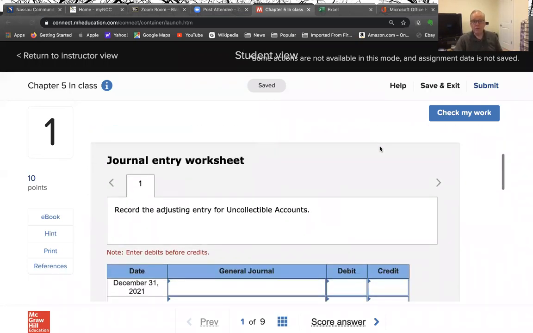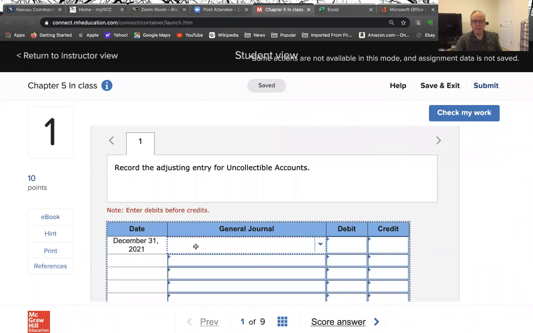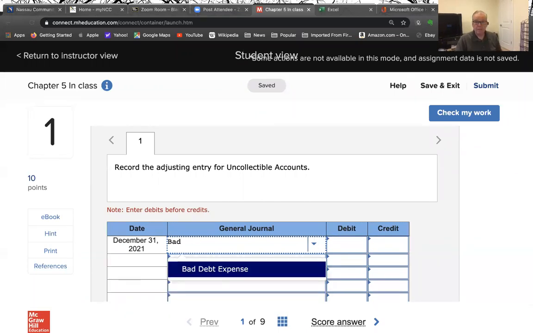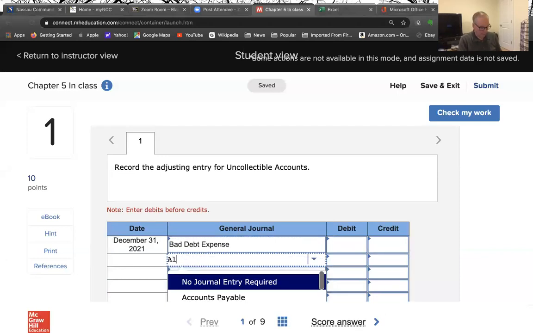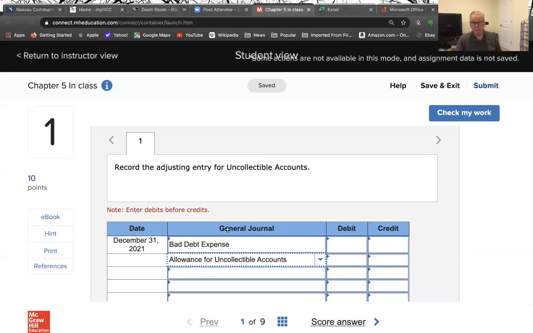So the entry that we're going to make, and what account are we only allowed to debit on December 31st as it relates to this? Debit bad debt expense, credit allowance for uncollectible accounts. So if that's all you did, you got half credit. And I don't think that's asking too much of you.